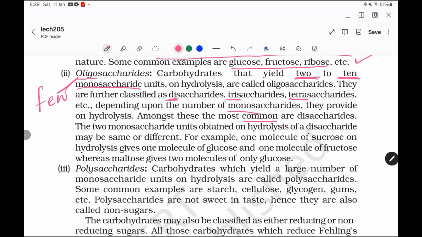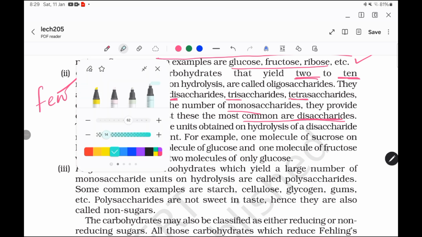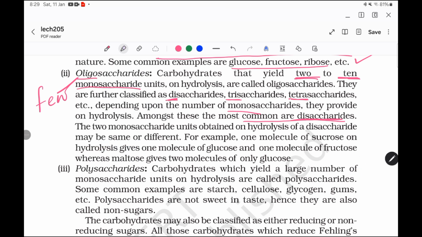The most common oligosaccharides, children, are disaccharides, which we are going to study in this chapter. So here we're going to talk mostly about disaccharides.